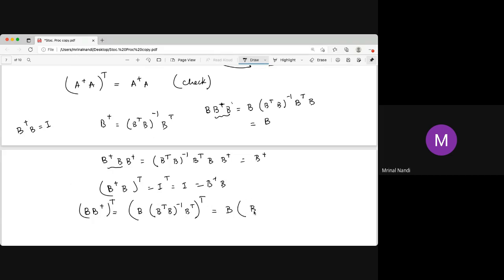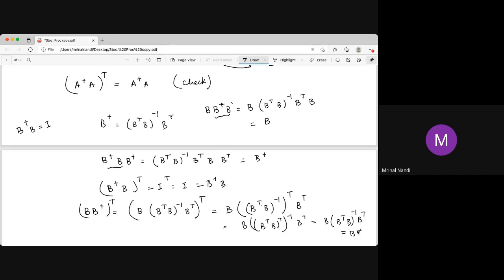So interchange the transpose and inverse, and since B transpose B is symmetric, it is B (B transpose B) inverse B transpose, which is nothing but B B plus. So we have all this, and easily you can check the other thing for C.